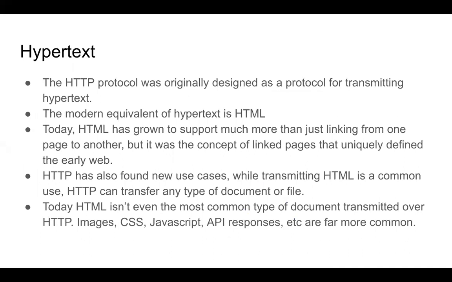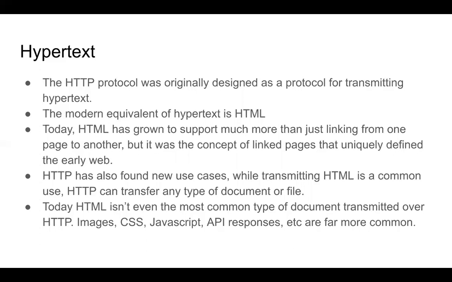HTML stands for Hypertext Markup Language. Hypertext in the original text was essentially just what was sent before we used HTML. Now HTML has grown to support more than just linking from one page to another, but it was the concept of linked pages with the HTTP protocol that made the early web possible.